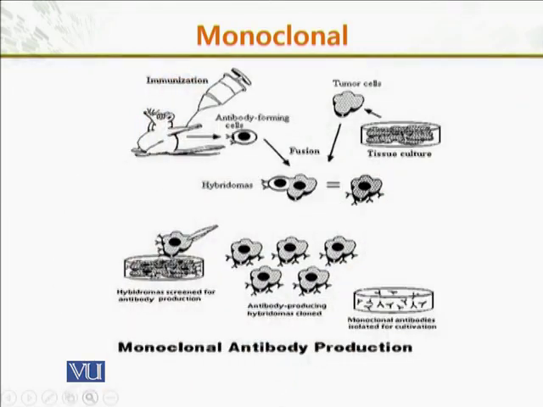So in this cartoon, you can see the different stages being indicated. The mouse is first immunized, then the cells are taken. Here there are the tissue cells, then a fusion takes place, and eventually we get the hybridoma, and from that we extract the monoclonal antibody in concentrated form.